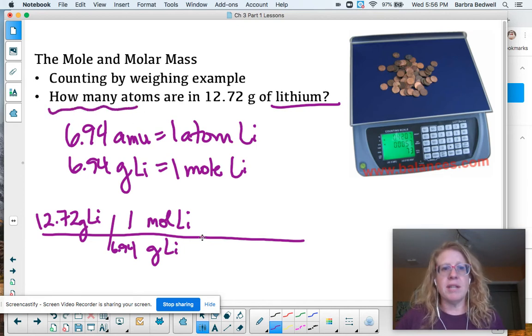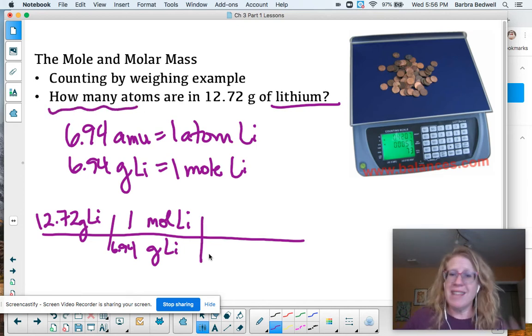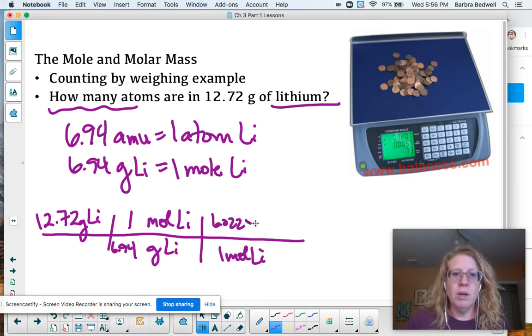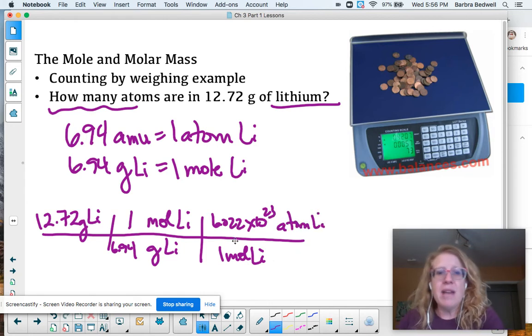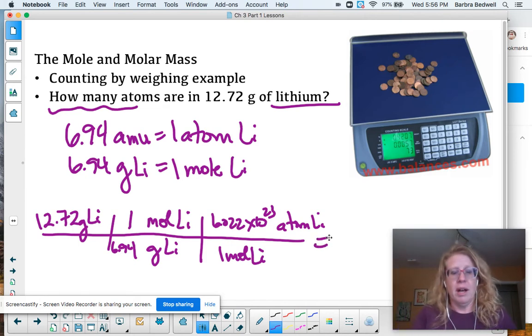Now that doesn't give me the number of atoms. So notice how the question asks number of atoms. But now I'm in moles and I know how many atoms are in a mole. So I can set this up again, one more step. 1 mole of lithium equals Avogadro's number, 6.022 times 10 to the 23rd atoms of lithium in this case, atoms of whatever it is, but that's how we would do that final conversion. And so at this point in time, you can just do the calculator and figure out what your value is.